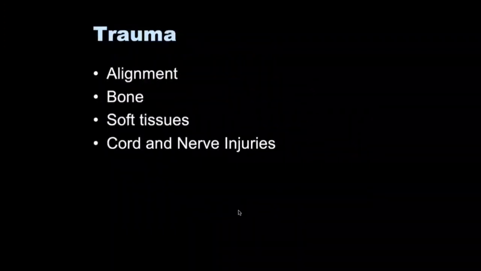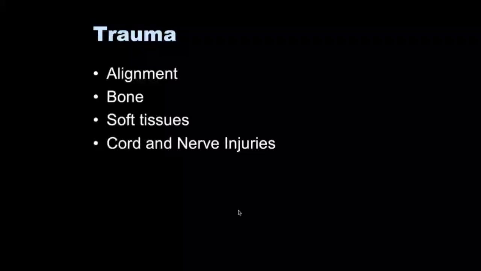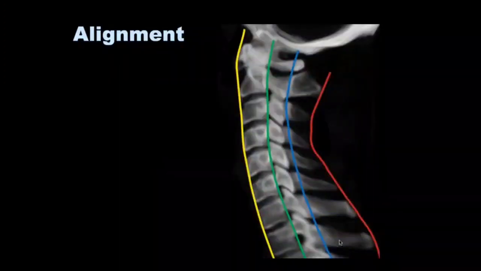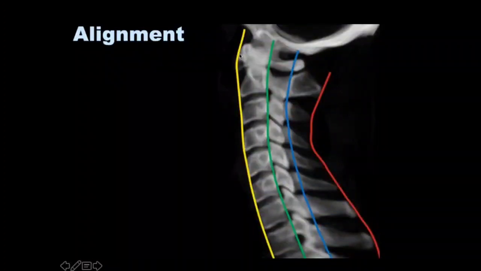So when you're looking at a trauma film, just like you would on a plain radiograph, you look for the alignment, the bone, and the soft tissues, and also with the MR, and to a certain extent CT, you can predict or suggest a cord or a nerve injury. So this is a volume rendered CT, and you look for the alignment. You're looking for the anterior spinal line, which is outlined in yellow, the posterior spinal line, outlined in green, the spinolaminar line in blue, and the spinous process line, outlined in red.